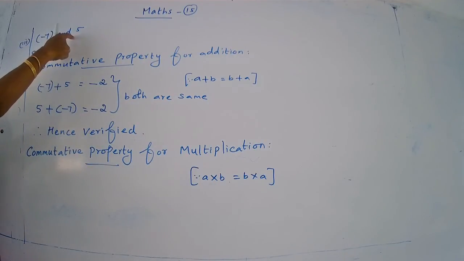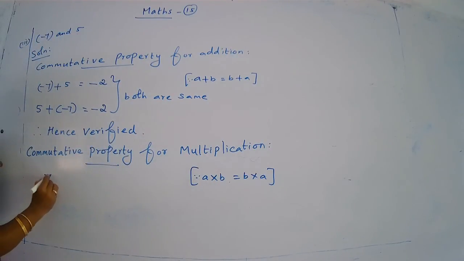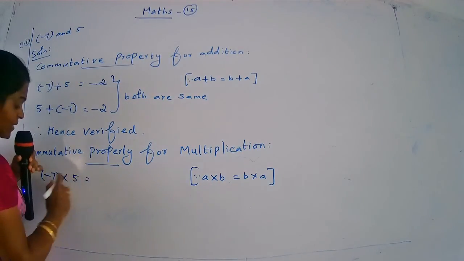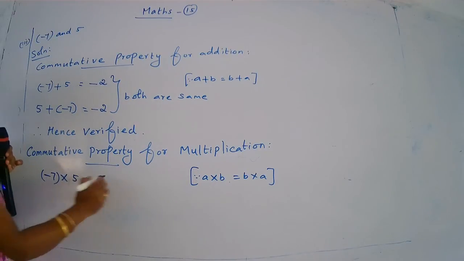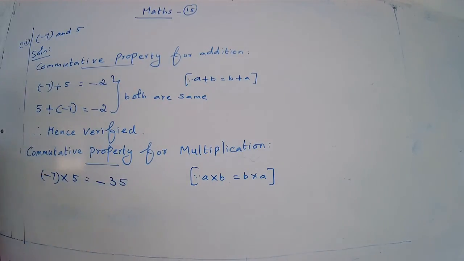Your question is, verify commutative property for addition and multiplication of the following numbers. First question is 7 and 2.